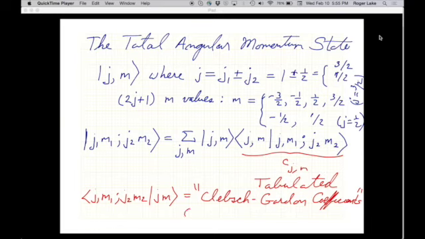They're real numbers, and so they're also equal to <J M|J1, M1, J2, M2>. They're tabulated, they're real numbers, and so it doesn't matter which way you write that matrix element. And I'm going to write down the table that shows how to go from one basis to the other. But before I do that, I understand this is all very mysterious.